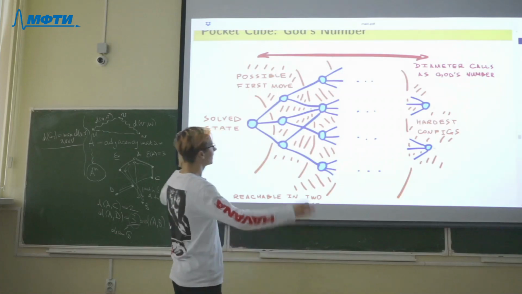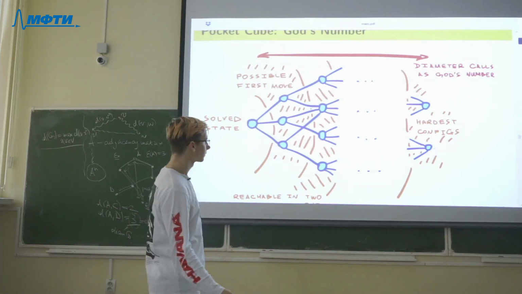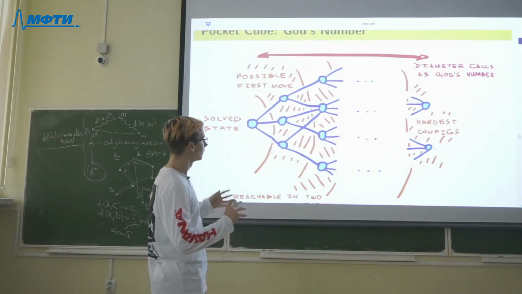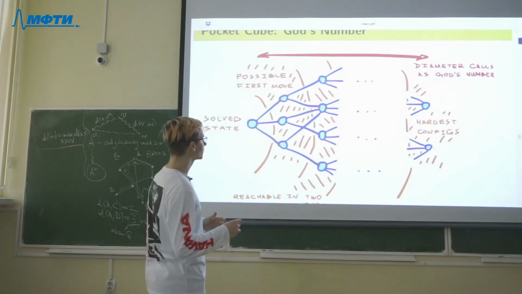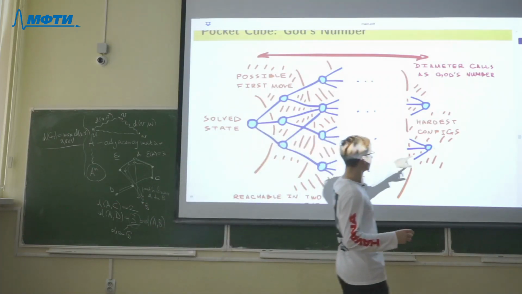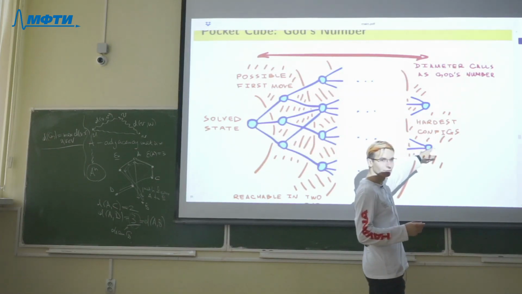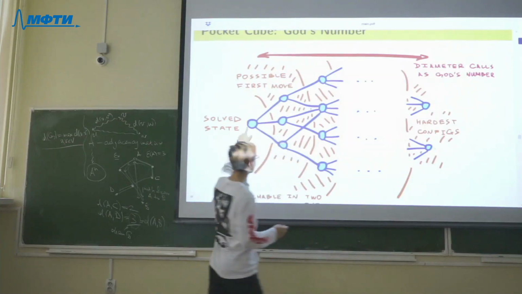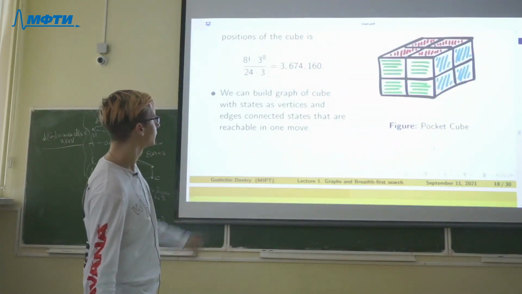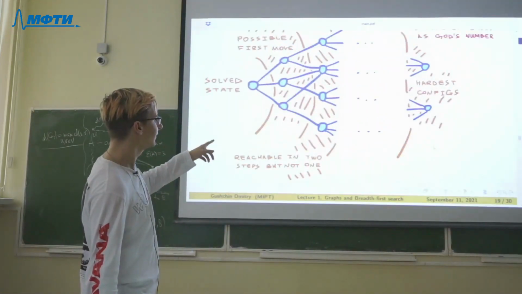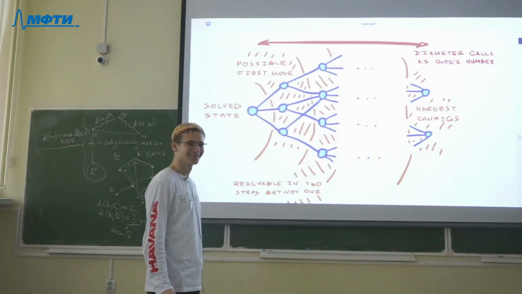And the diameter of this graph is the maximal number of permutations, for example, that we need to use, in the best way of course, to go from this vertex to this. So, for example, for the pocket cube, the diameter of this graph is equal to, do you know?